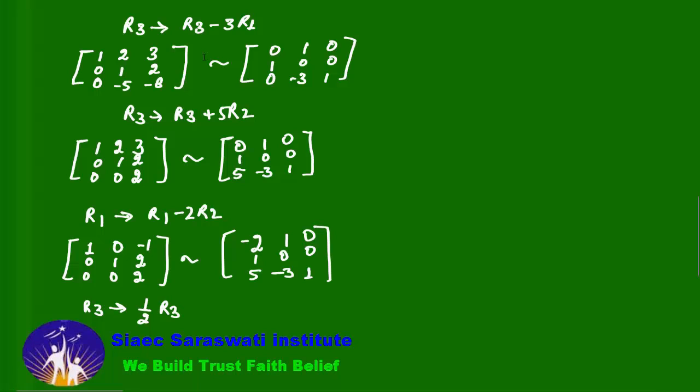Okay, so if you apply this one, it will be 1 0 minus 1 and that will be 0 1 2, 0 0 and it will be 1, and equivalence to this the matrix will also change and that will be minus 2 1 0, 1 0 0 and that will be 5 by 2, minus 3 by 2 and that is 1 by 2.